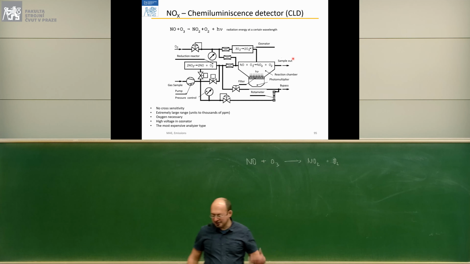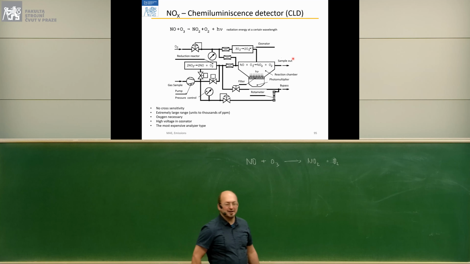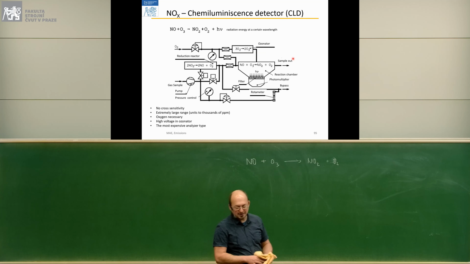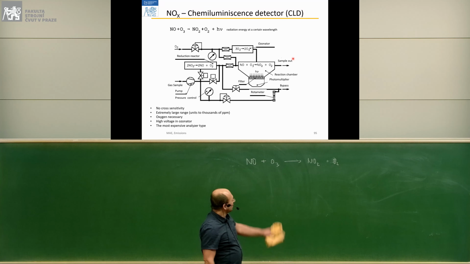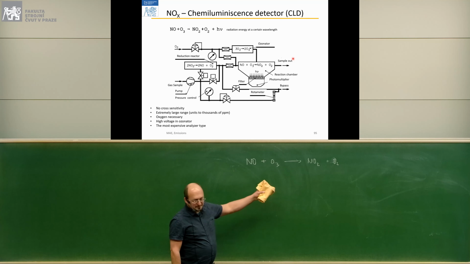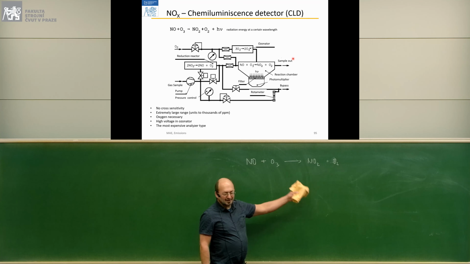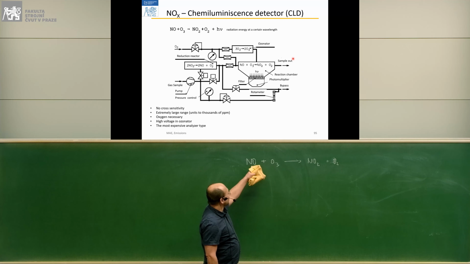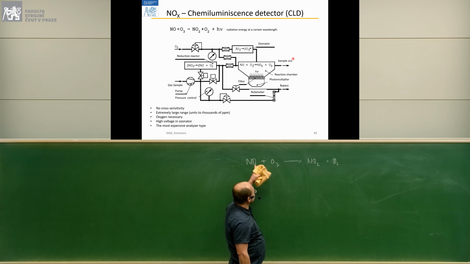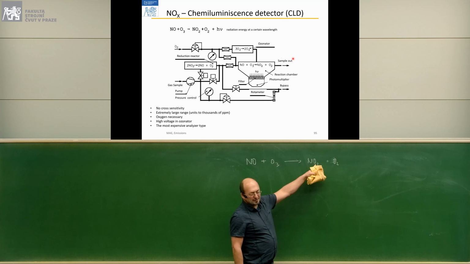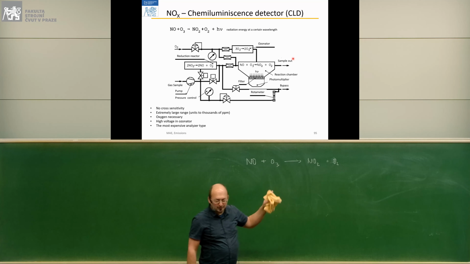And when they transition from the excited state to the base state, they emit photon of a very specific wavelength. So if this reaction is happening in the dark and you have the detector, it's a very selective detection of nitric oxide, because only nitric oxide produces nitrogen dioxide in excited state, which emits the photon that you detect.